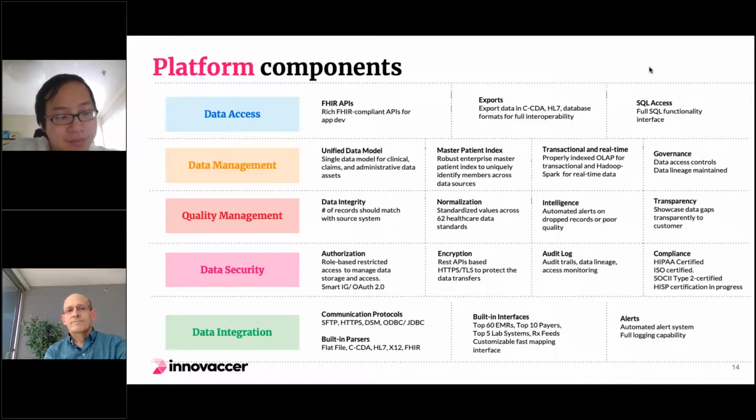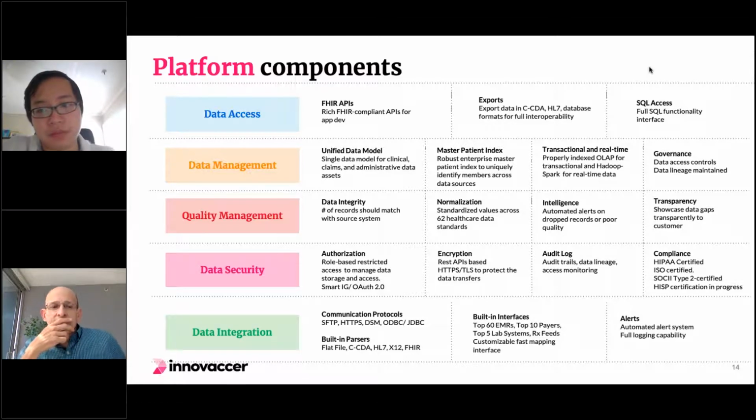A good platform has to be able to support the older environments, the CCDAs, the flat files, and the direct SQL access. So you've got to have the ability to handle heterogeneous sources, because not everyone's going to be there overnight. There are large investments in these in the payer markets.